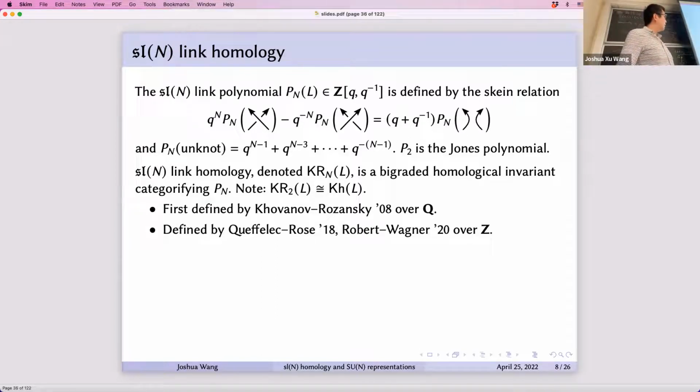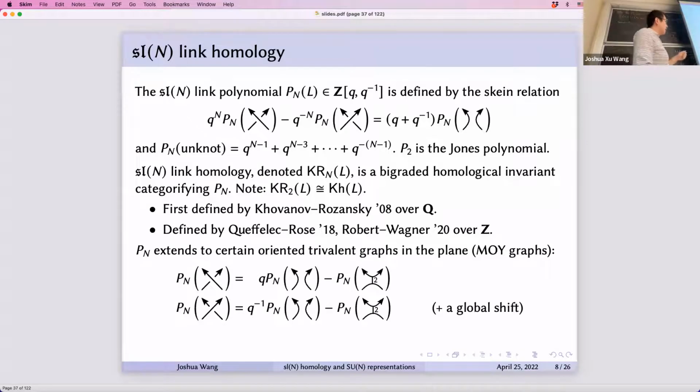It was not until quite recently that there was a version of it defined over Z that really makes it look like how Khovanov homology is defined. So I implicitly work with the versions defined by these authors. And the definition is really nicely a generalization of, well, it's maybe not so straightforward, but it's really analogous to how Khovanov homology is defined.